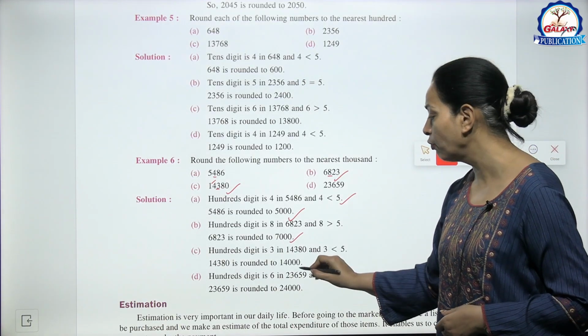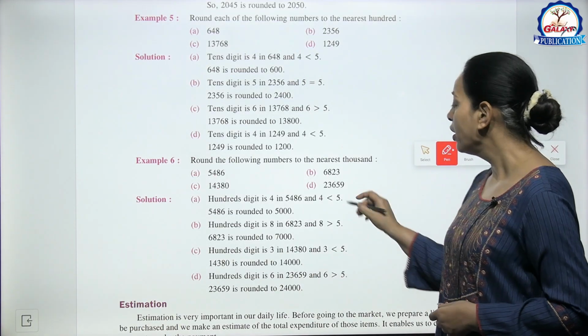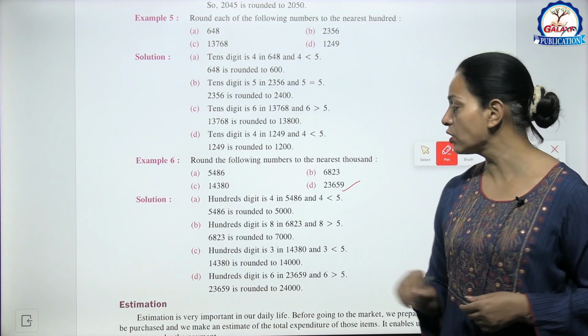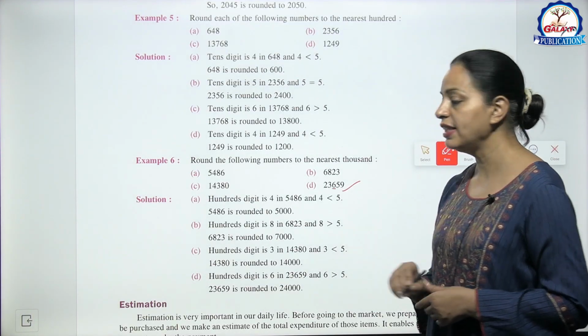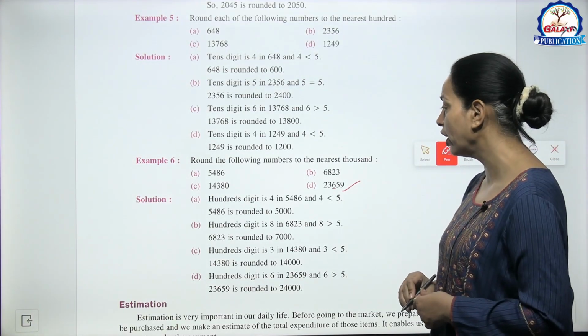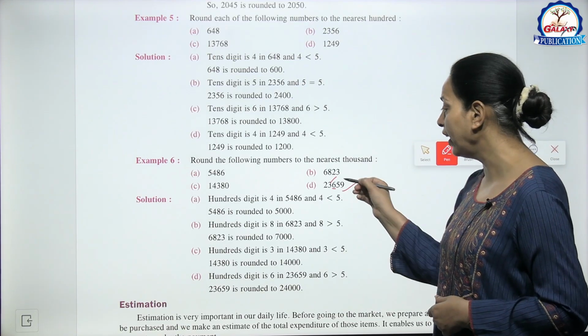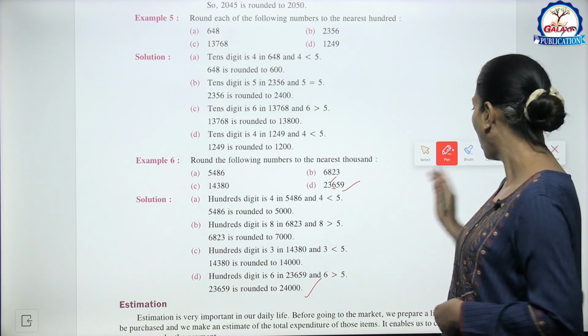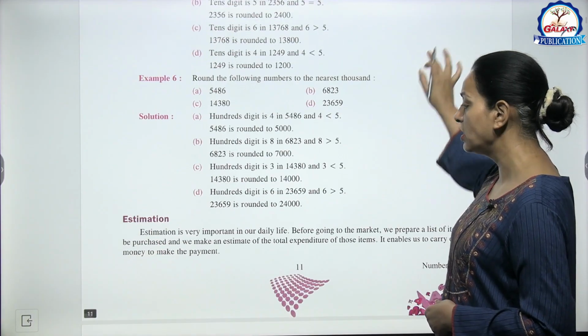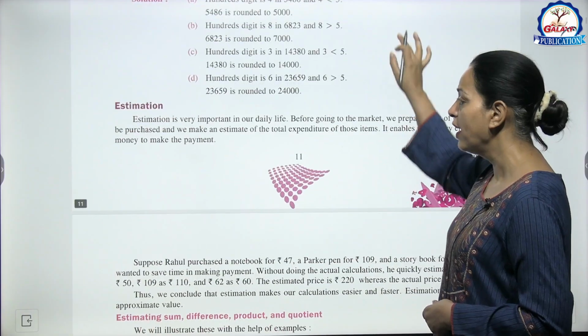Okay, so it becomes 14,000, right? Now D part, 23,659. See the 100 digit which is 6, more than 5, so change the 1000 digit plus 1, it becomes 24,000, right?